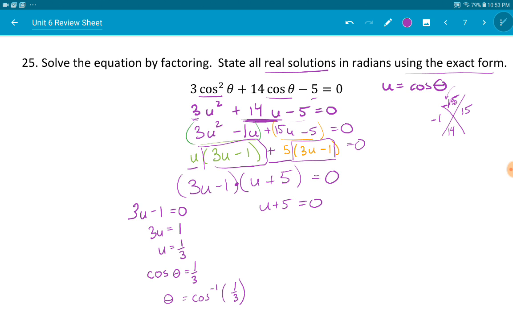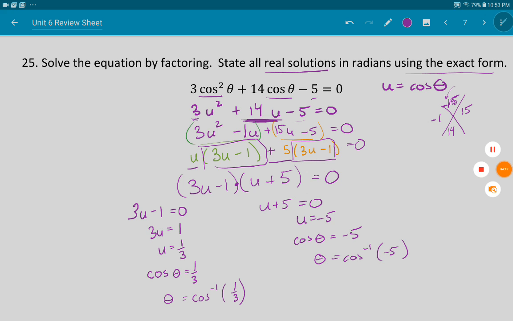In the equation on the right, I have u equals negative 5, and then that is cosine theta equals negative 5. So theta will equal cosine inverse of negative 5.